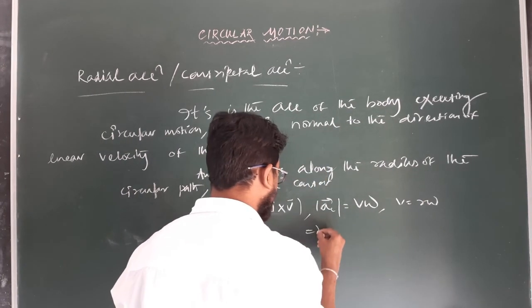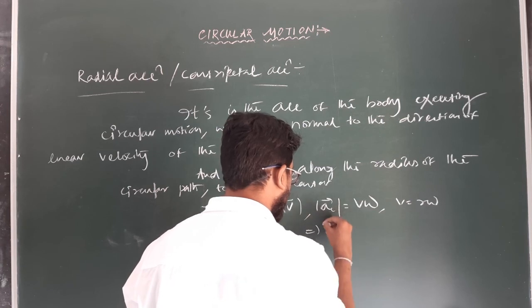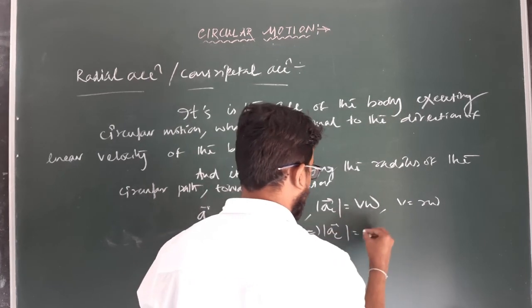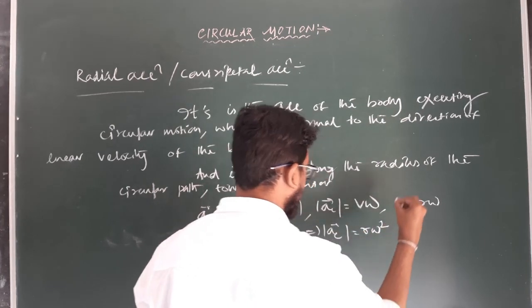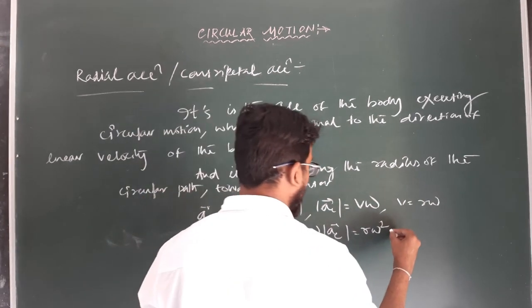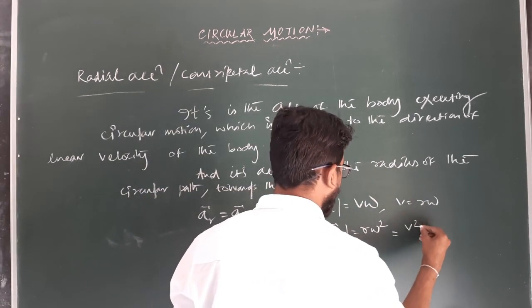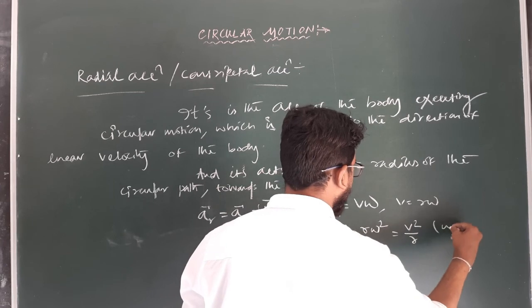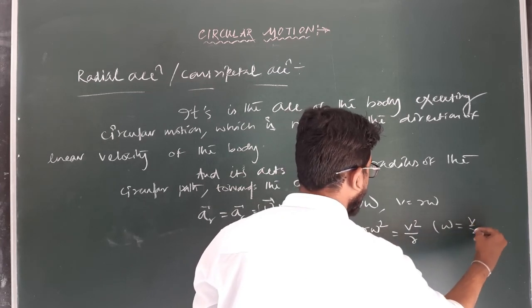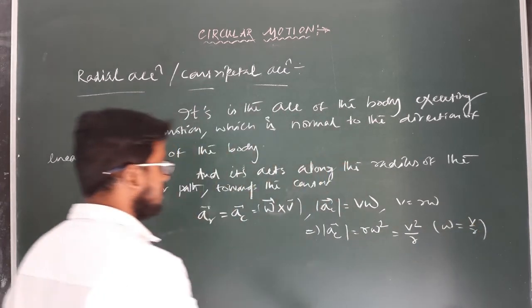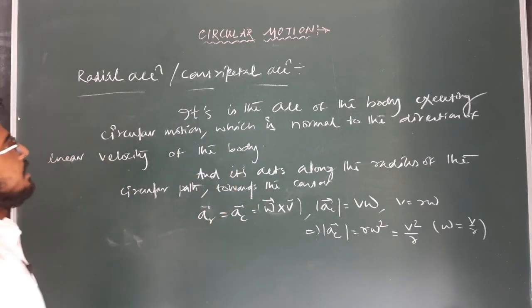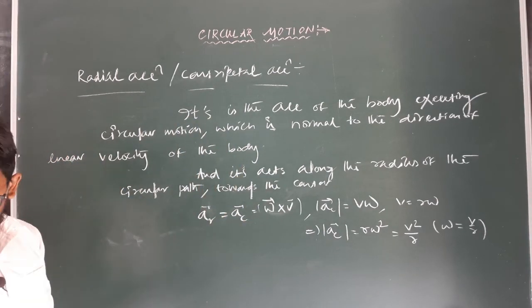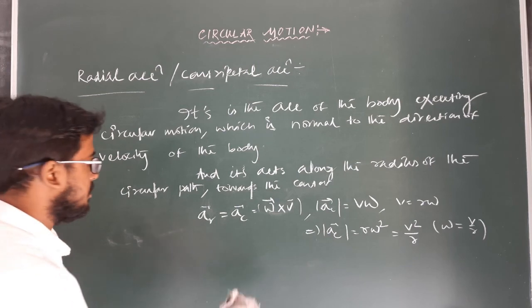So this implies the centripetal acceleration will be how much? r omega square, or this can also be written as v square by r if omega is written as v by r. Clear? So this is the expression, or the definition, of centripetal acceleration. Clear?